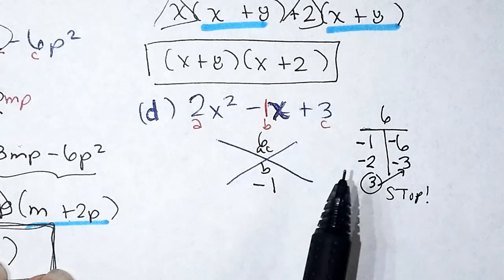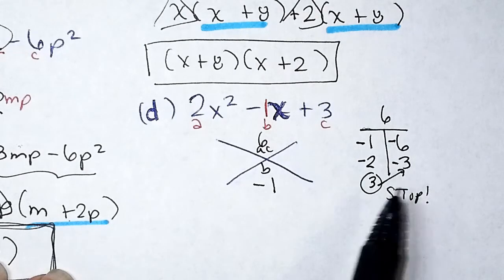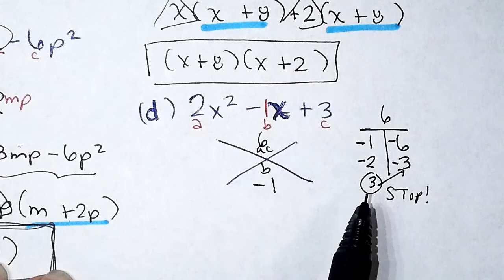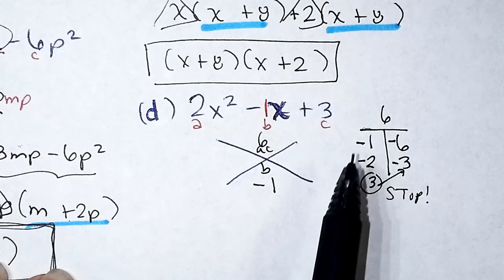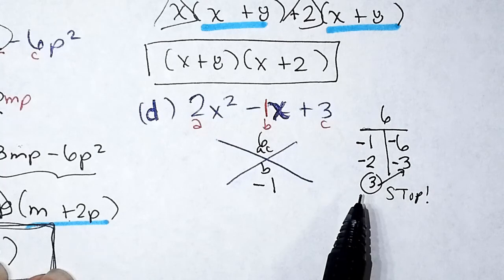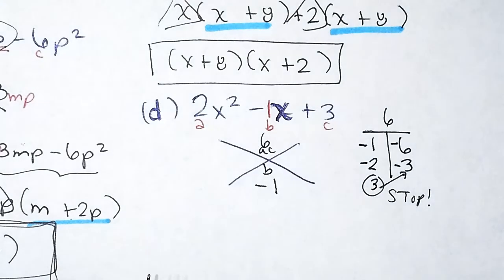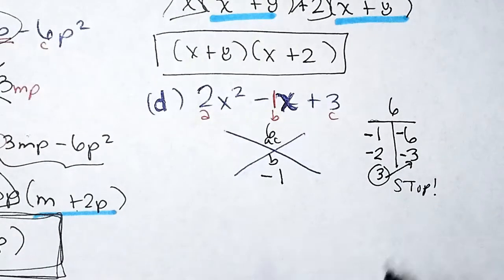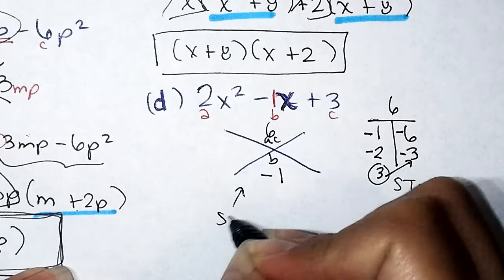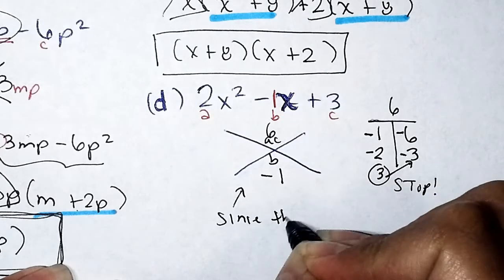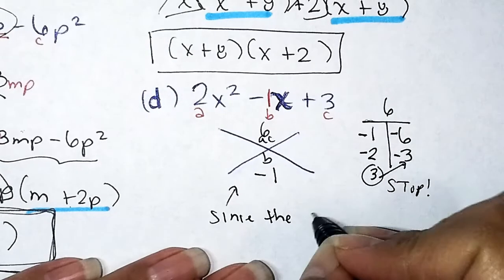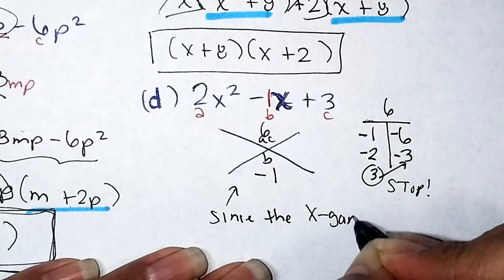If you list the factor pairs in order from smallest to largest, or largest to smallest, whatever flows with you, once you get a factor that's in your list, you know you're done. So the moral of the story is this. The X game has no solution.